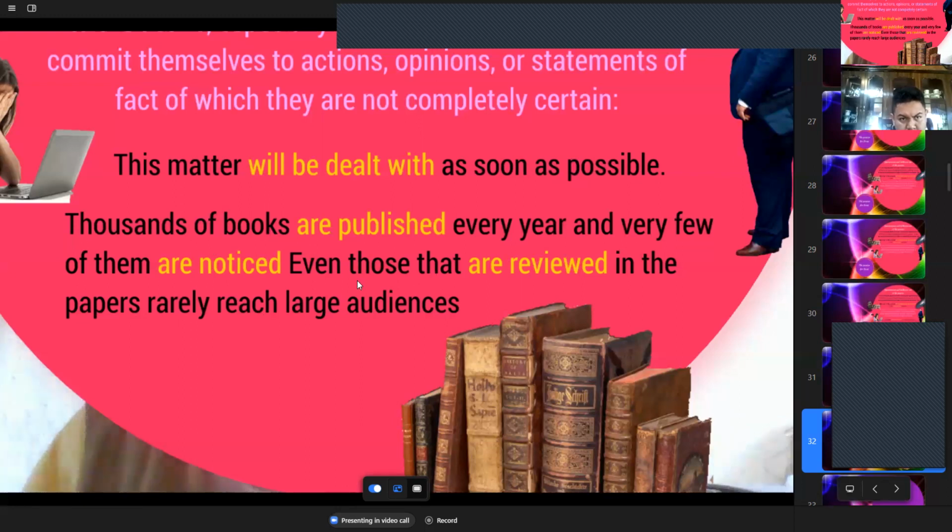So this pronoun is in plural. That's why I am using the verb to be based on the subject. The subject is in plural, so the verb to be has to be in plural too, in the correct form.